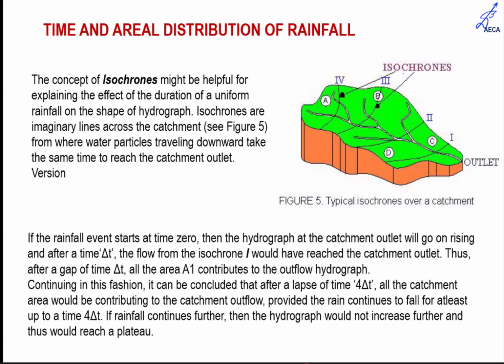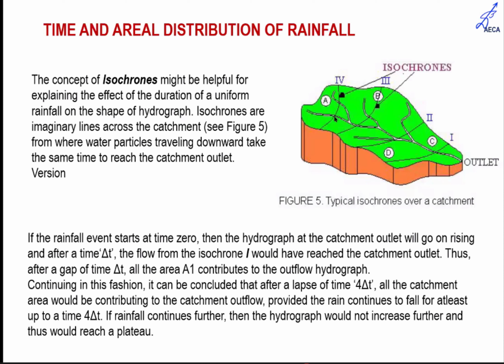The concept of isochrones is used for understanding the effect of duration of a uniform rainfall on the shape of hydrographs. Of course, hydrographs are not the topic of this particular session, but I just want to introduce what isochrones are. These are imaginary lines across the catchment from where the water particles take the same time to reach the catchment outlet.